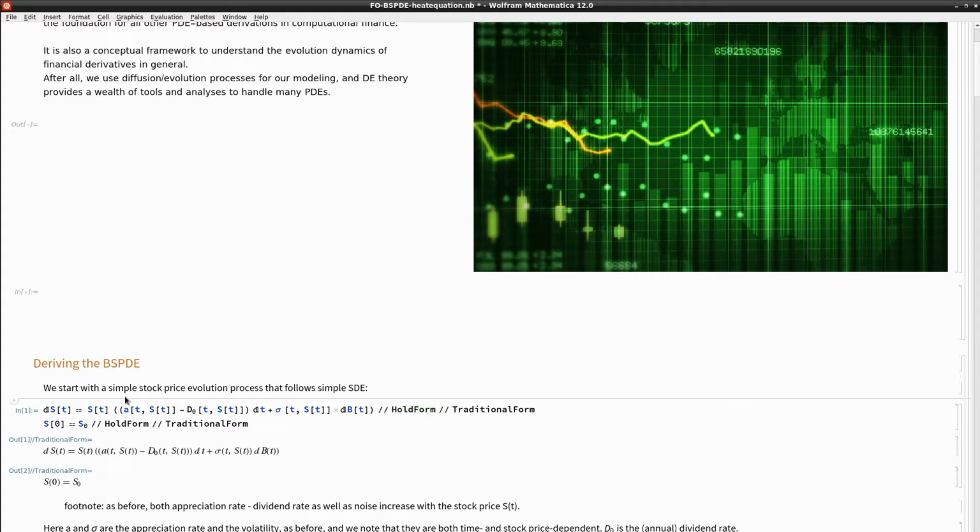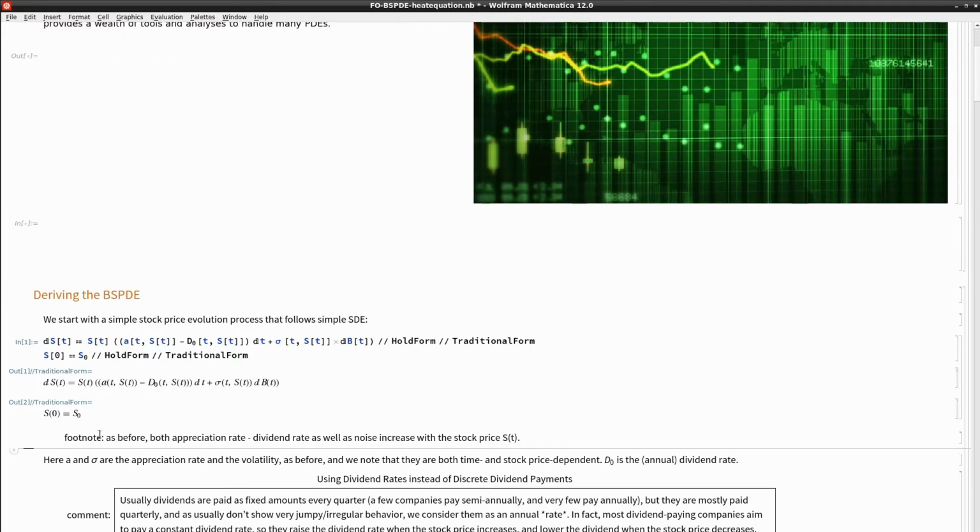This is a realistic assumption because we can assume that the appreciation increases with the stock price, and we can assume that the noise in the stock price evolution increases with the stock price itself, and an initial condition.